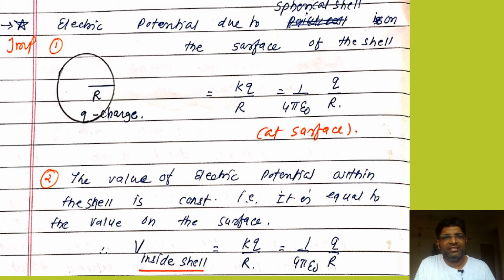If you go inside, then also the value of the potential is constant. Whatever is the value at the surface, the potential inside the sphere is also the same. So V, the potential inside the shell, is also equal to kq by R, that is 1/4 pi epsilon 0 q by R. So it has the same value as it has on the surface.